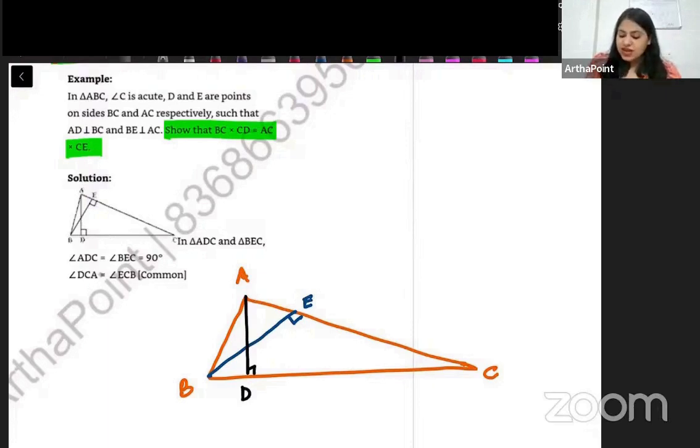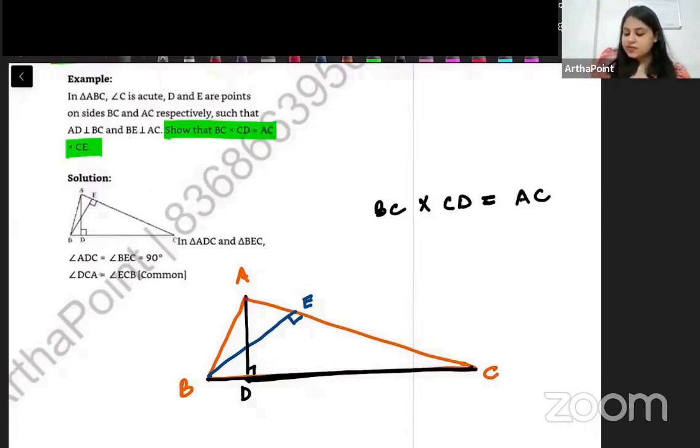And it is saying that BC, that means this, into CD, that means this, should be equal to AC, that means this, into CE, that means this.